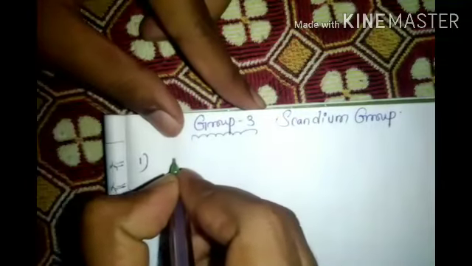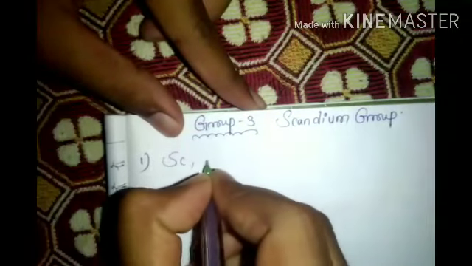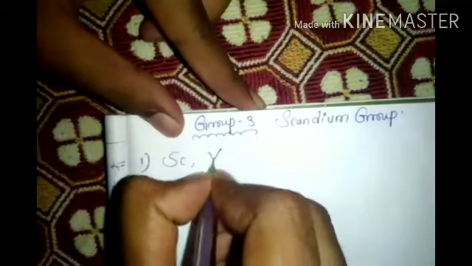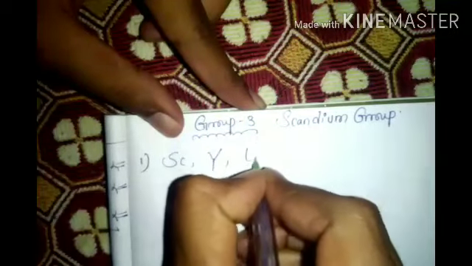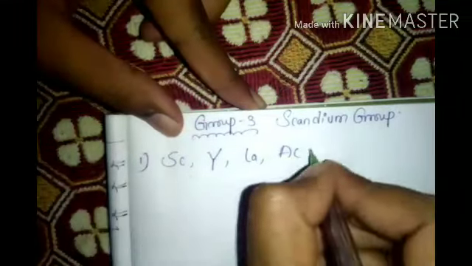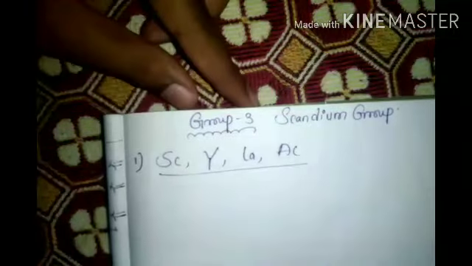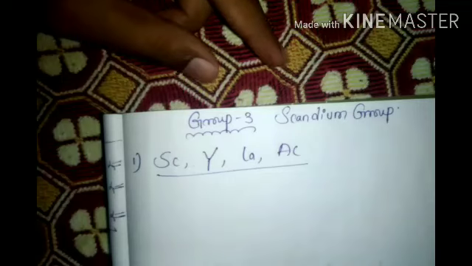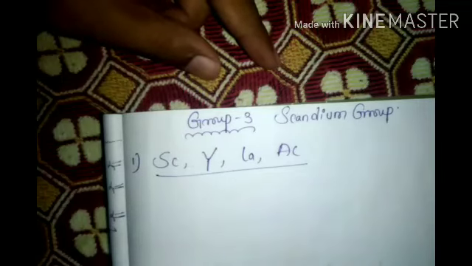Family members: Scandium, Yttrium, Lanthanum, Actinium.